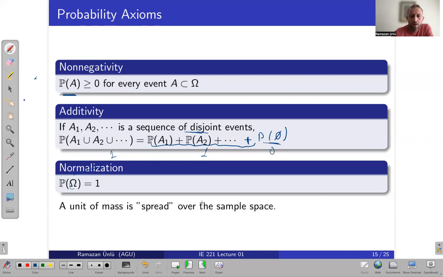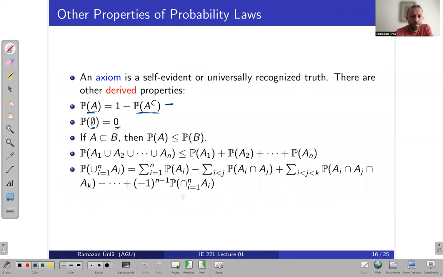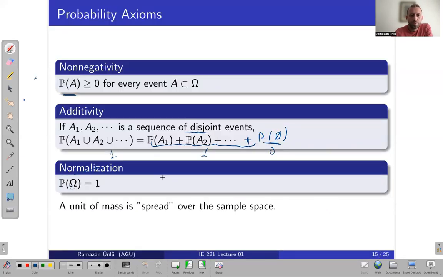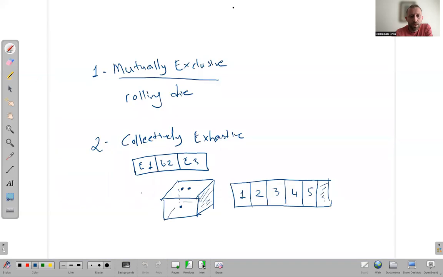Okay, so I can use the additivity and normalization axioms to derive this property. Another way of thinking: omega and the empty set are disjoint events, and then I can use the additivity axiom and the normalization axiom, and I can derive that property.